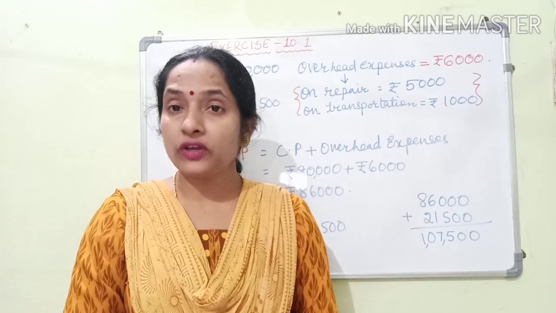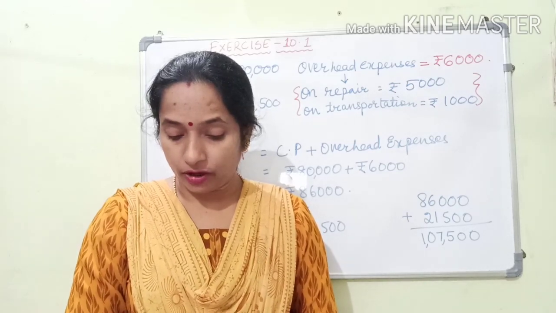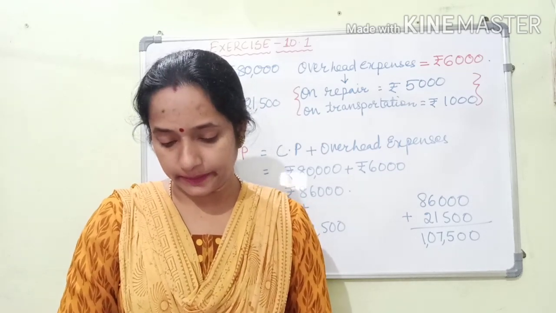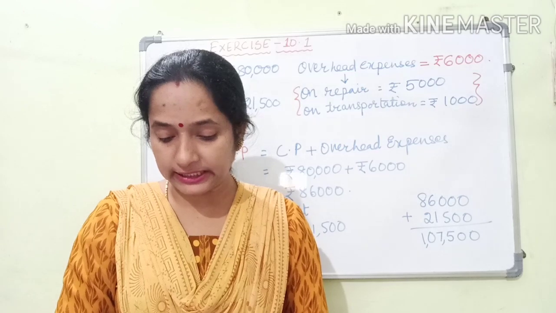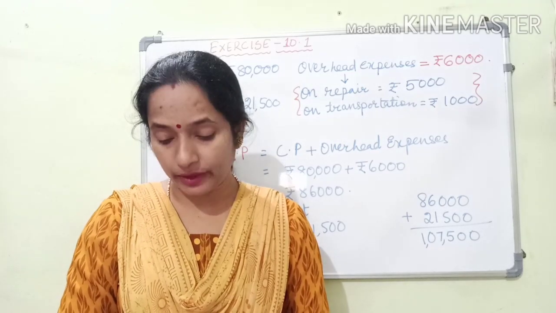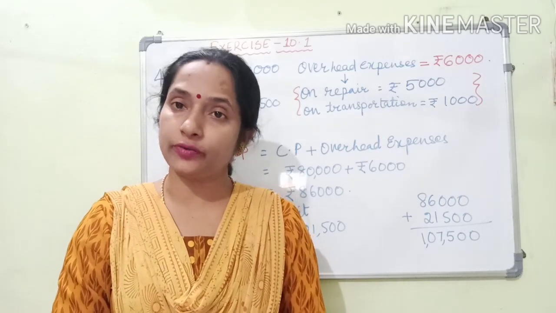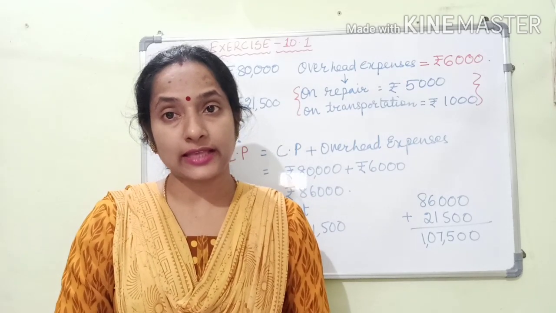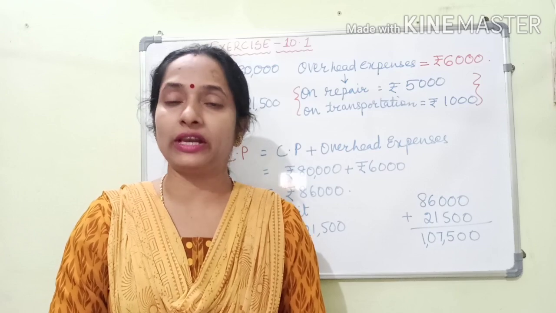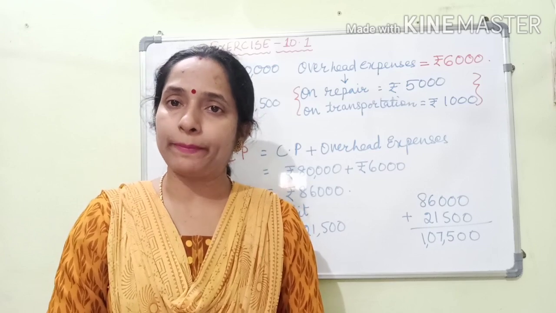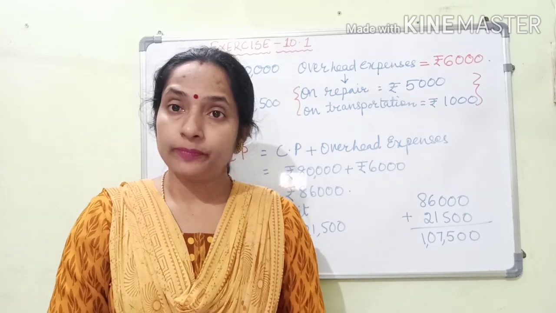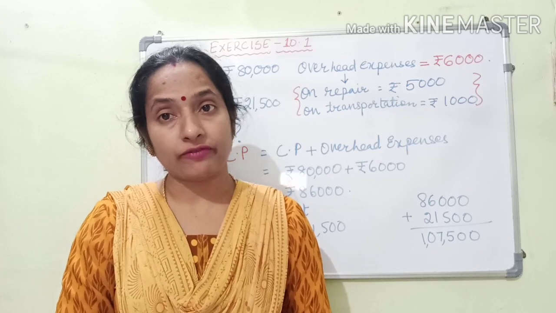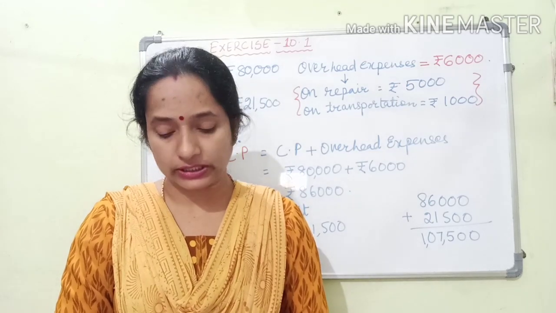Here the cost price of the television set is rupees 6,900 and the selling price is rupees 6,825, which is less than the cost price. Obviously when the selling price is less than the cost price, we will have a loss. By applying the formula for loss, that is cost price minus selling price, you will find the value of the loss.